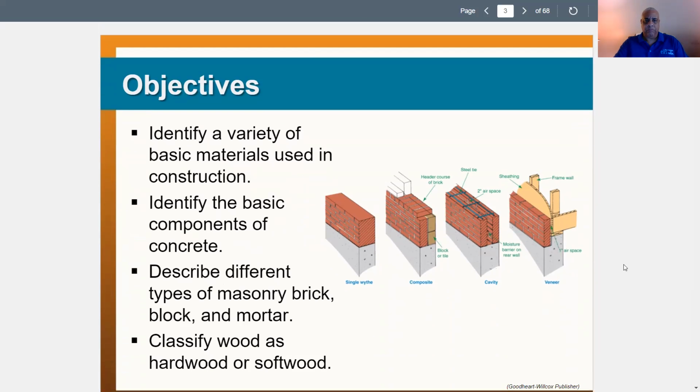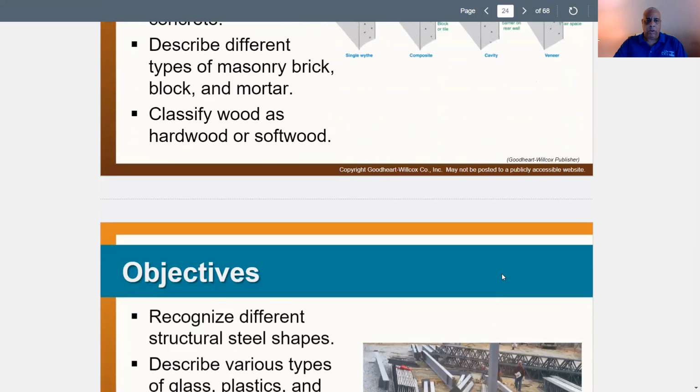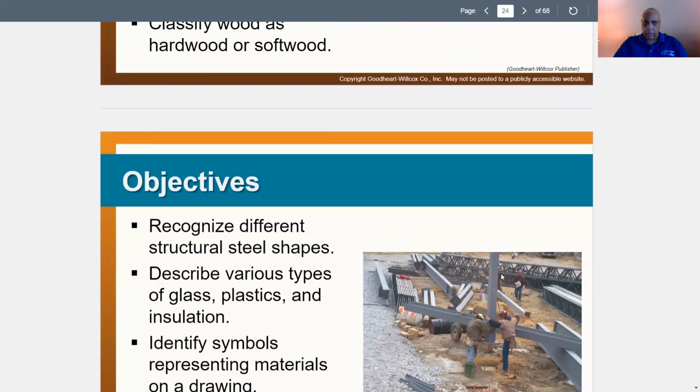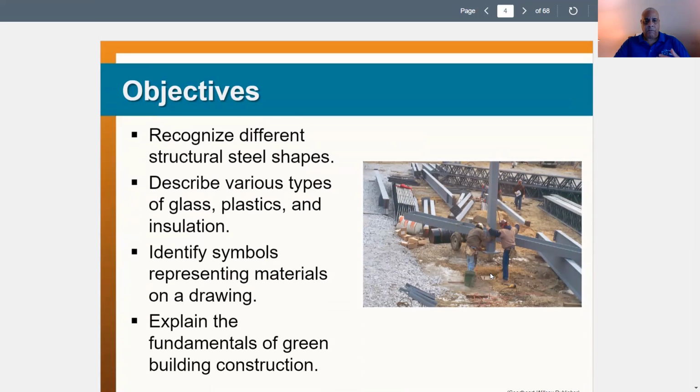So when it comes to materials, you've got to identify a variety of materials used in construction. You've got to identify components of concrete, mortar, brick, and block. You have to understand that wood is classified as hardwood or softwood. When we deal with steel, there are different shapes of steel. There are different types of glass, plastics, and insulation.